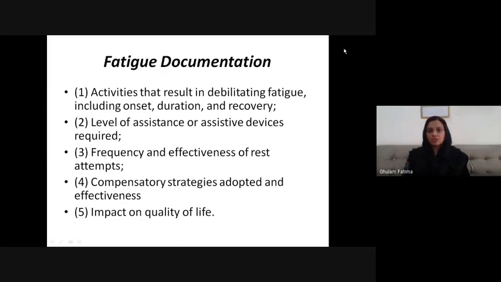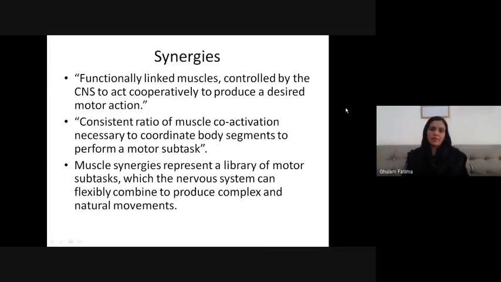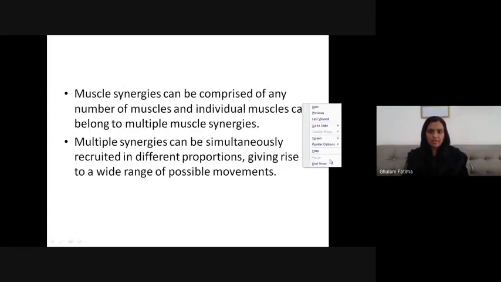You have to mention the activities that are very difficult and very tiring for the patient, and after starting that activity, at what point in time the patient feels the most fatigued, what is the duration of the activity, and how much time it takes to recover from that fatigue, and is there any assistance our patient needs to perform that activity, and what is the effect of rest periods or rest times, and are there any compensatory strategies adopted by the patient, and what is the impact on quality of life.